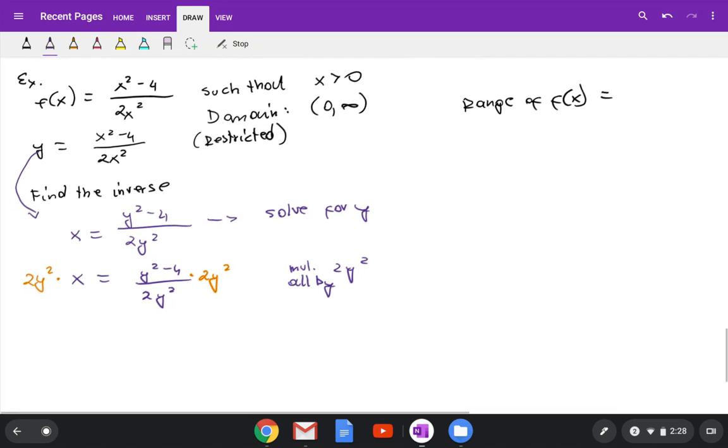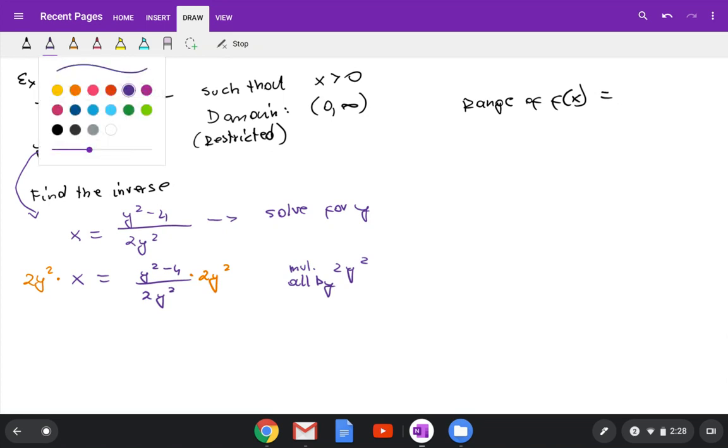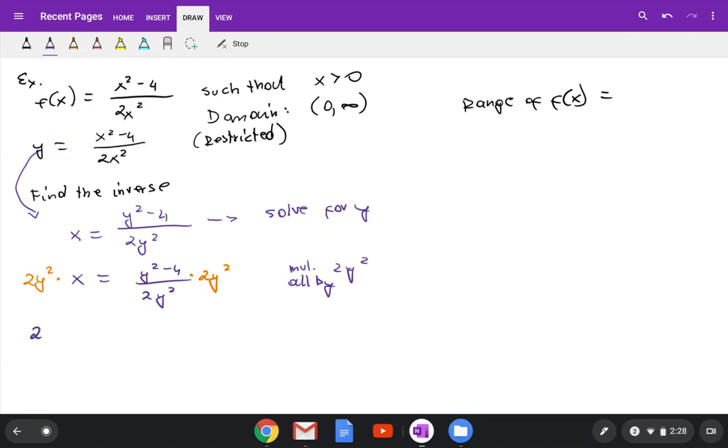Okay, so let's simplify. So we end up with 2y squared x equals y squared minus 4, and now you need to solve for y.